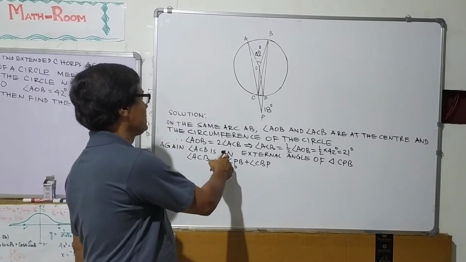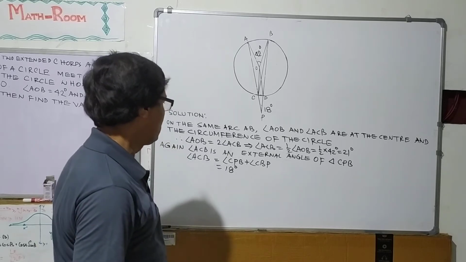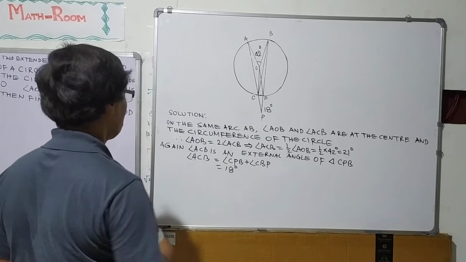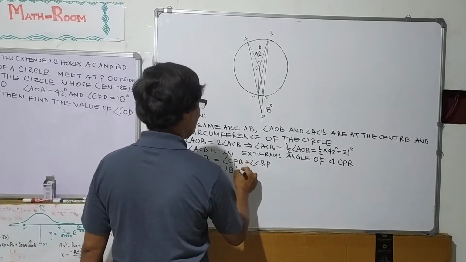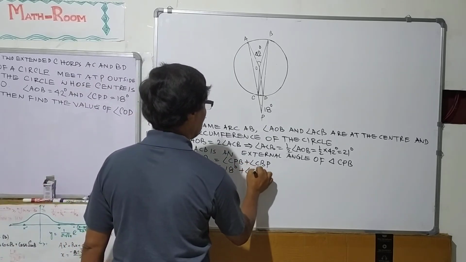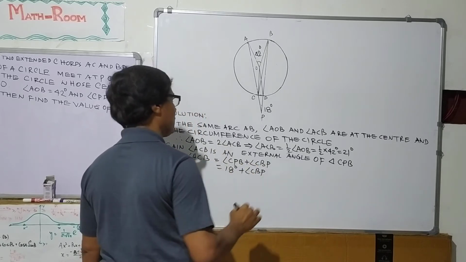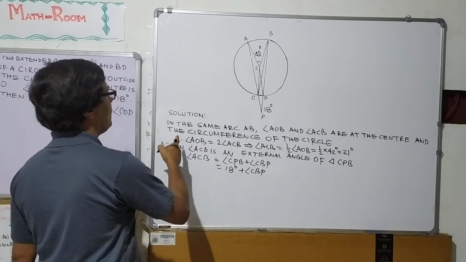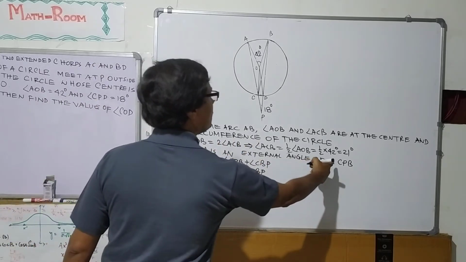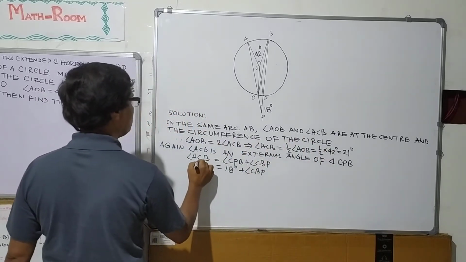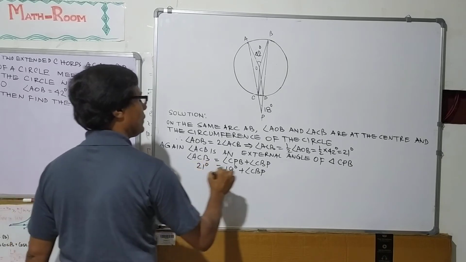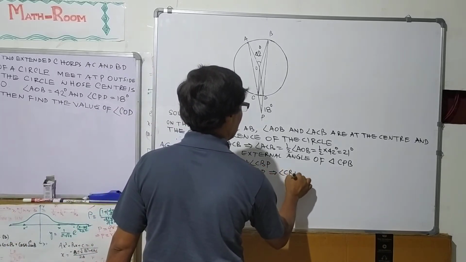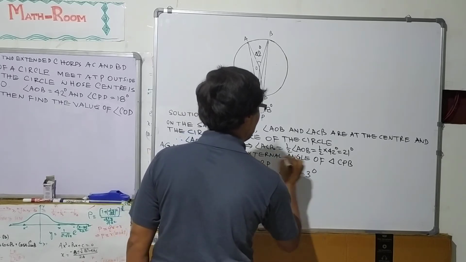So, 18 degrees plus angle CBP equals ACB, and we have already got ACB equal to 21 degrees. So, this implies angle CBP equals 3 degrees.